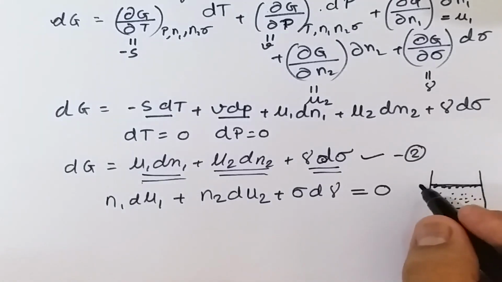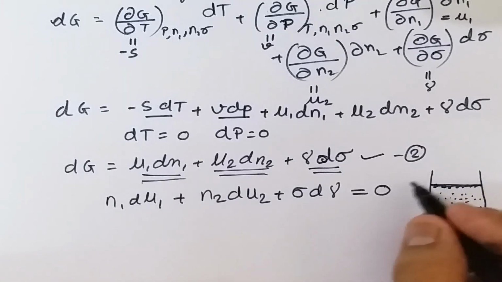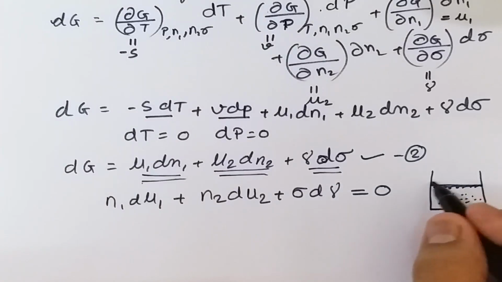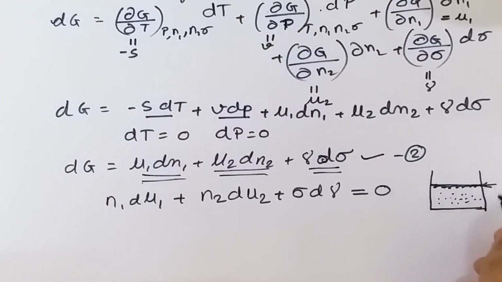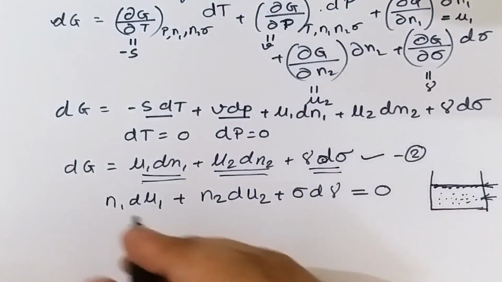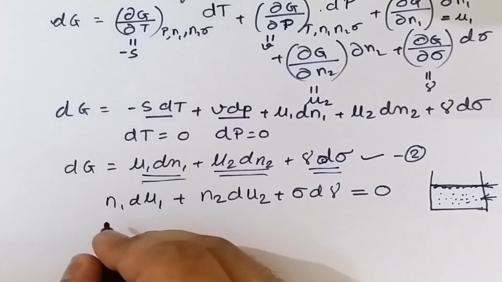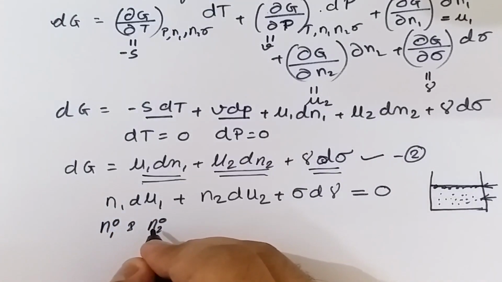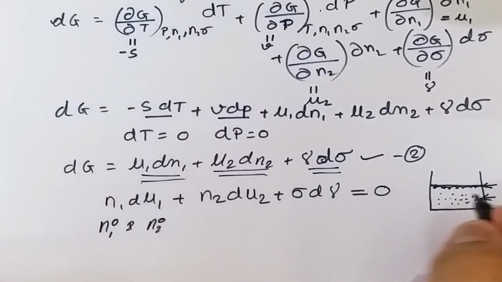First, the portion under the influence of the surface force, which is called the surface phase, and the remaining is the bulk of the solution. Suppose N10 and N20 are the amounts of the liquid and the solute present in the bulk phase.